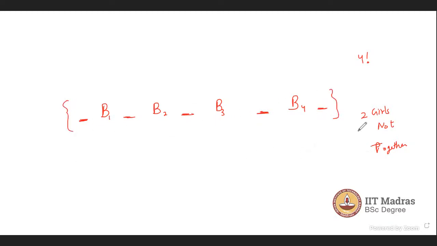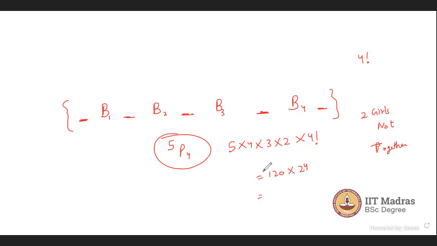Now I will arrange these 4 girls, which I can do in 5P4 ways, and the 4 factorial ways to arrange the boys. So that's 120 times 24.